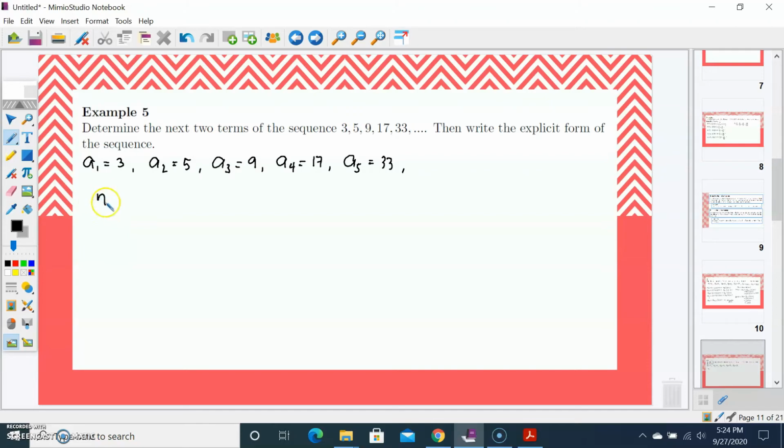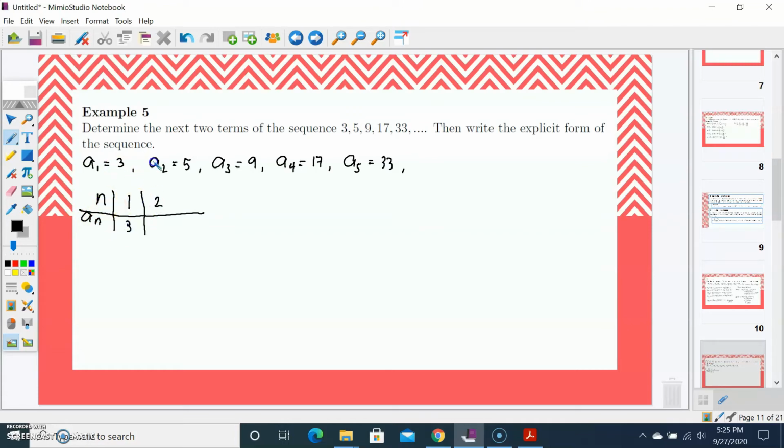On the first column, I'm going to have n, which will denote the position of the terms in the sequence. And then below it is our a sub n, which will denote the value in that specific position or term. So if I represent n as 1, meaning I'm looking for the value of a sub 1, that is equal to 3.